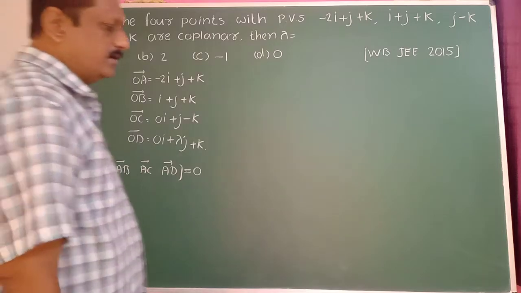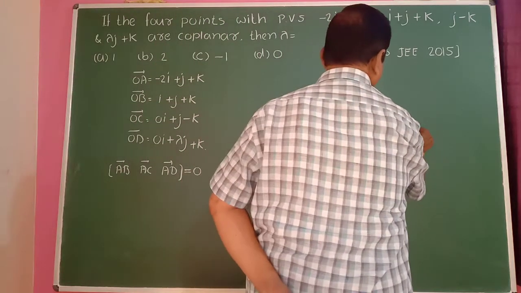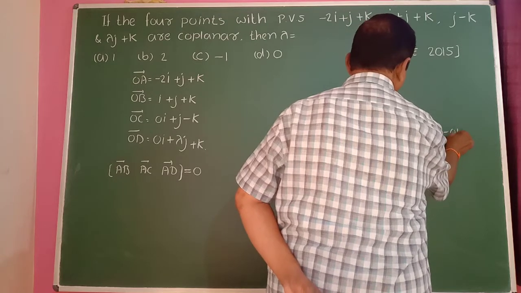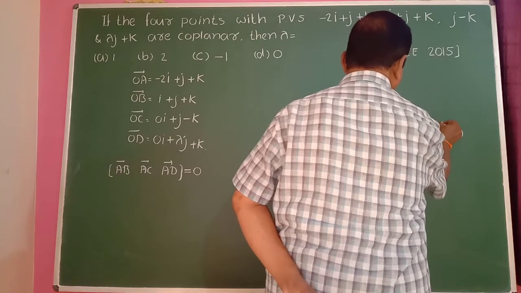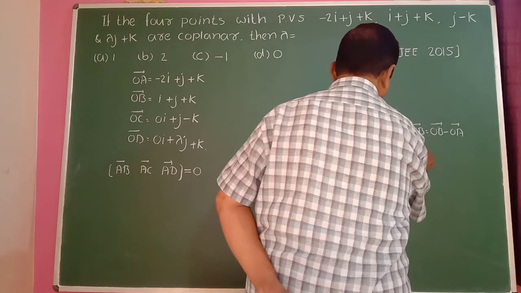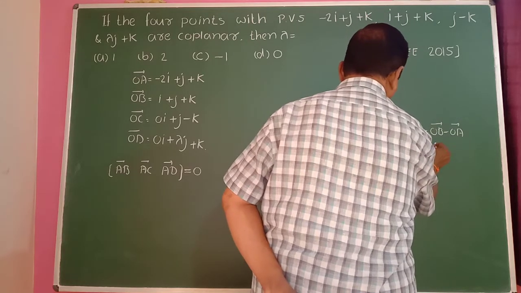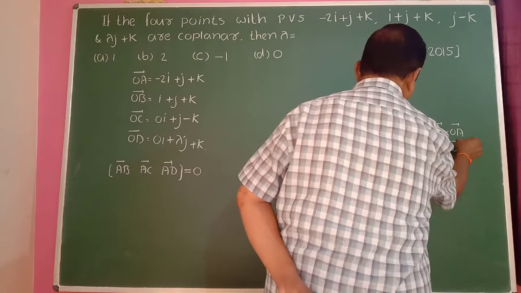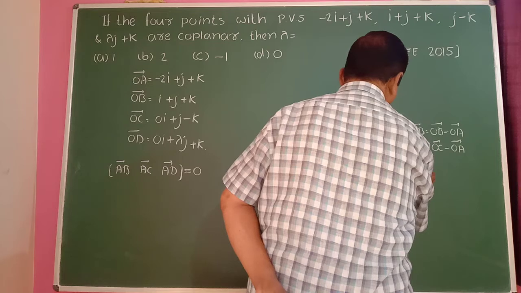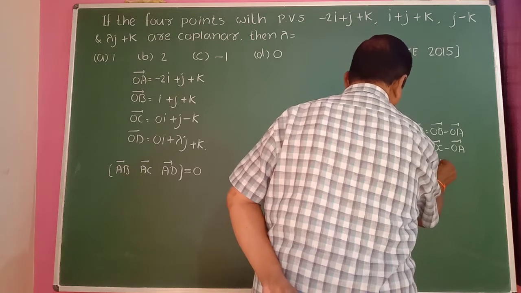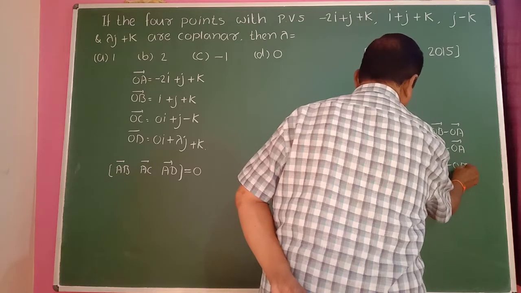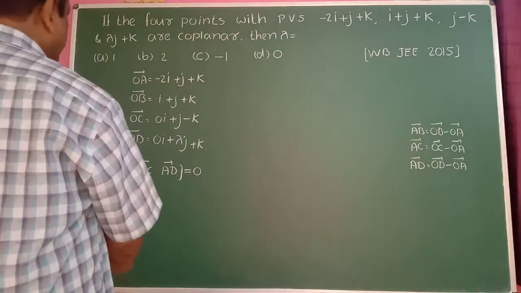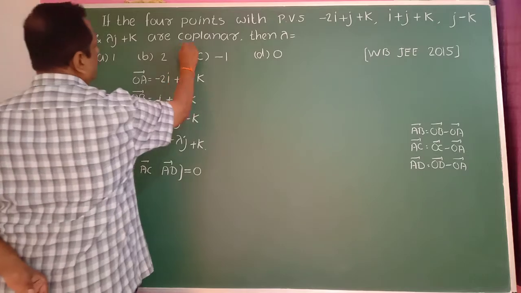In other terms, AB is equal to OB minus OA, and AC is equal to OC minus OA, and AD is equal to OD minus OA. Therefore, here the scalar triple product is 0 because they are coplanar here.